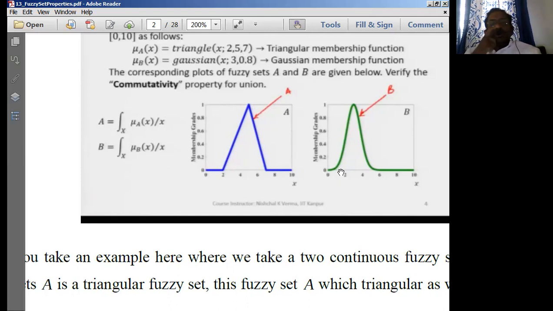A Gaussian function is a bell-shaped curve. This is only a representation of the fuzzy set in a continuous fashion. If the set is continuous, then we normally represent the fuzzy set this way.